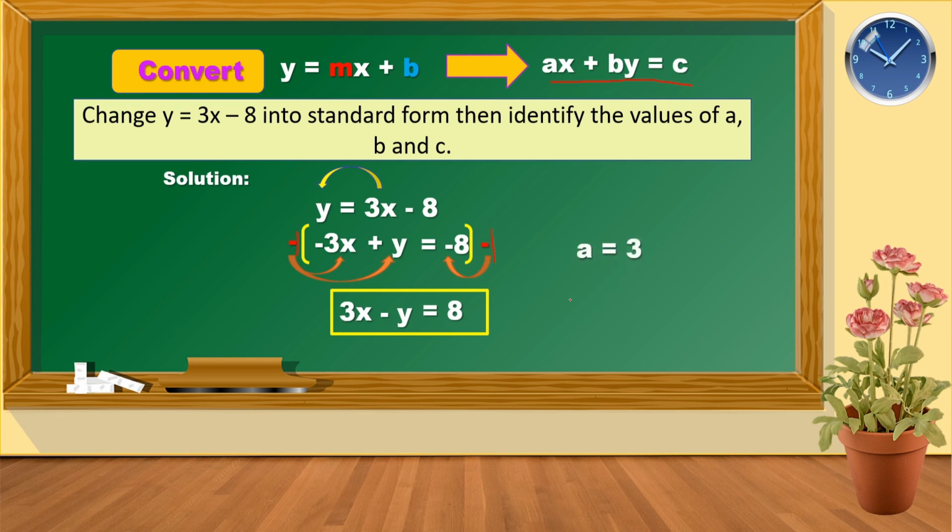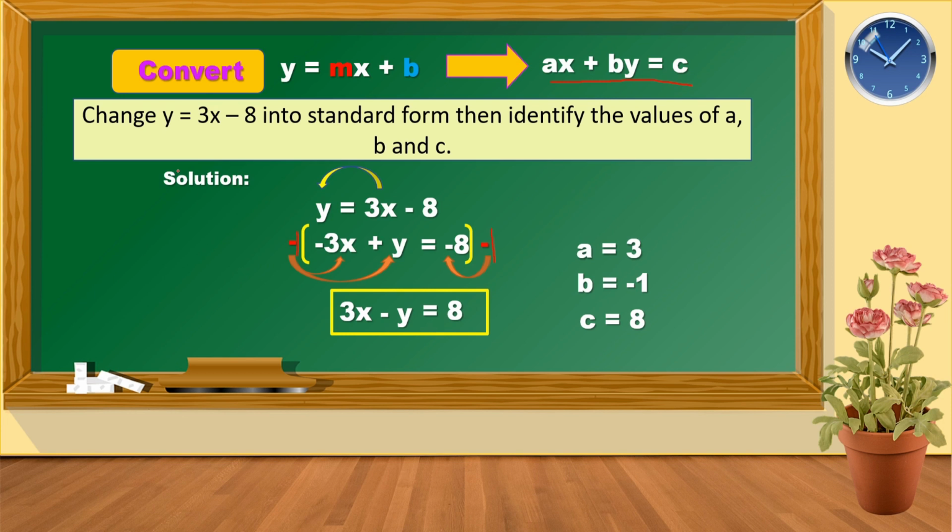So therefore, our a is 3. And the value of b here is, as you can see, negative 1. Even though we don't see it there, it is understood that there is 1 as the coefficient of y. So therefore, the value of b is negative 1, and the value of c is positive 8.